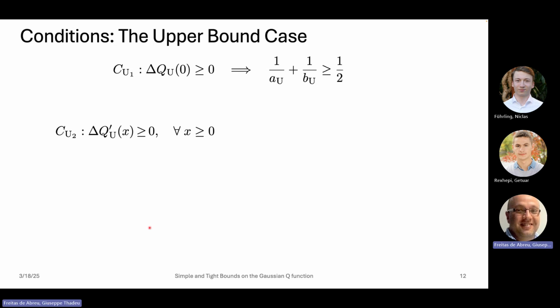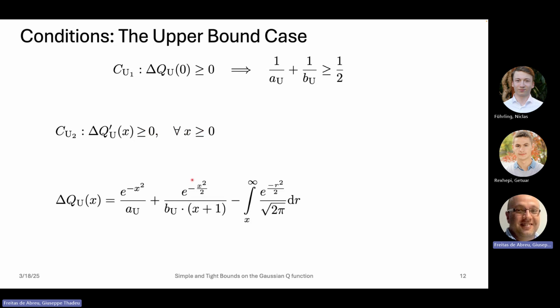All right, so hereafter I'm going to focus only on the upper bound case because the proof for the lower bound is pretty much the same. It follows the same steps. So what we want to do now is to inspect the second condition, which says that the derivative of this delta Q function must be above 0 for all values of x above 0.